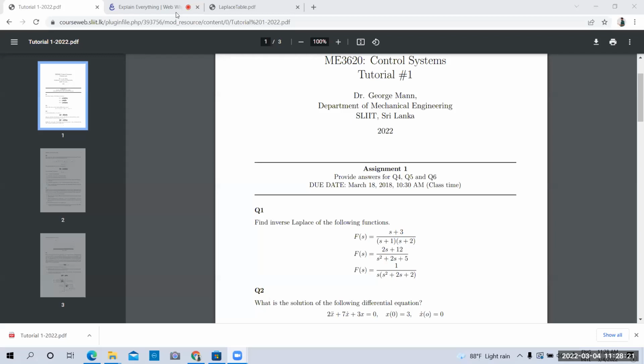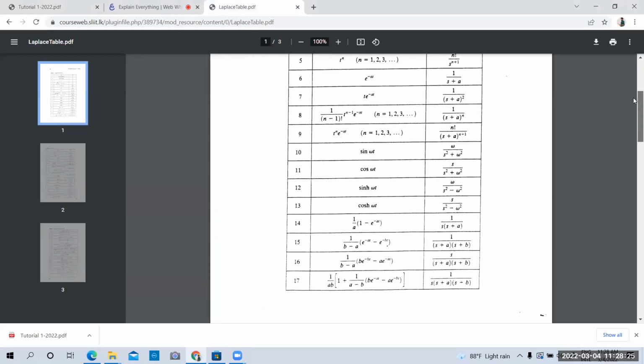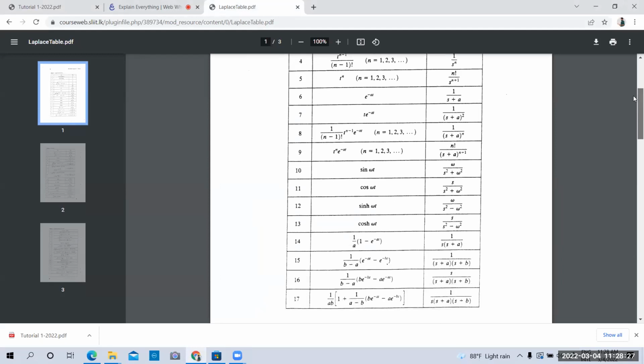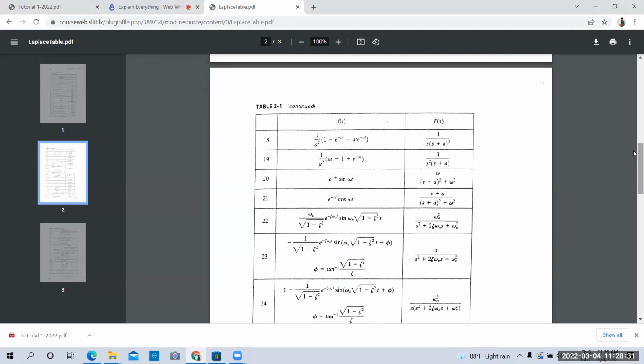So if I go to the Laplace table here, right? If we have complex roots, we use the transforms available from this point onwards. So we have this omega here, right? From there only we start using the Laplace transforms if we have a complex root.